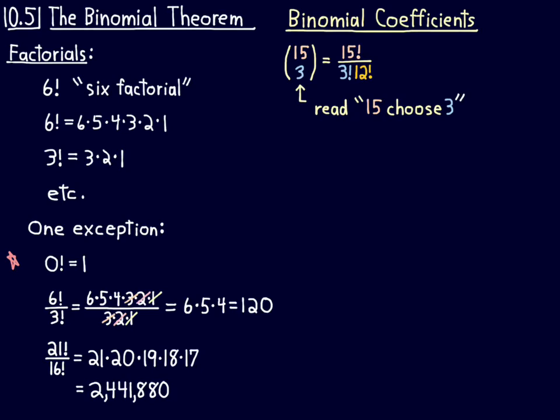The 15 came from over on the left, right? The 15 comes from here. The 3 comes from here. Where does the 12 come from? Well, 12 plus 3 is 15. We say that 12 is the complement of 3 in 15.